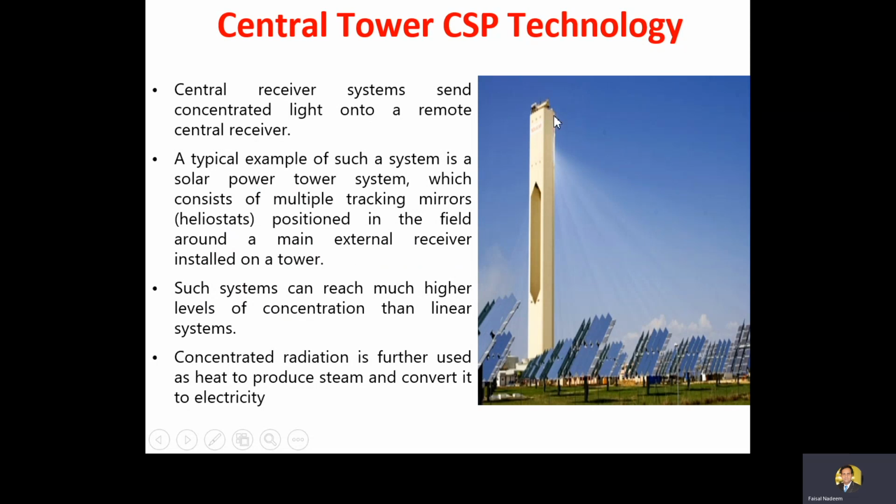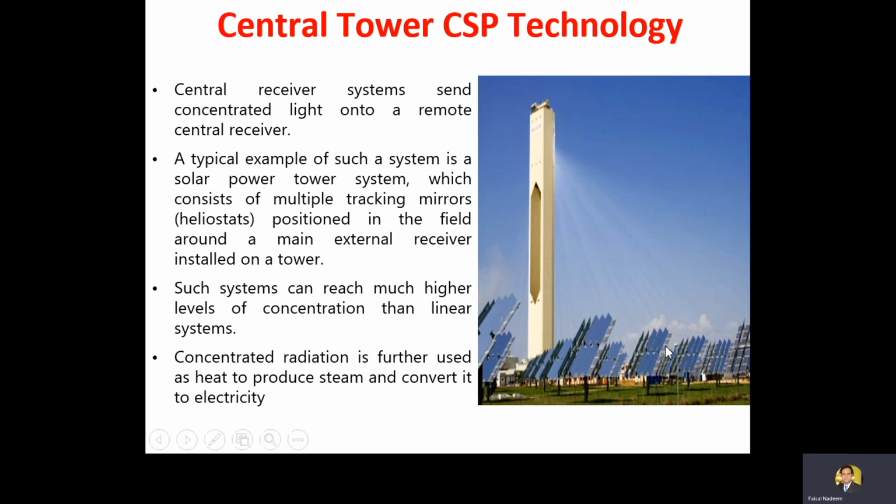However, if the receiver is installed only at one side of the tower, then the mirrors are only placed on that side of the tower on which the receiver is placed.